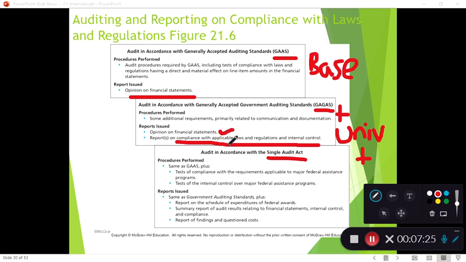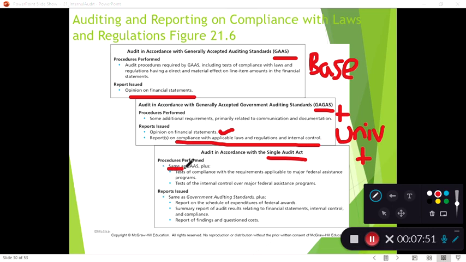They have to have that as well, which would be based on the generally accepted auditing standards, but they also have to comply with the laws and regulations and have a separate report about that, based on the governmental auditing standards. And then if there are some additional requirements or conditions that are met, then you also have to comply with the Single Audit Act, right?